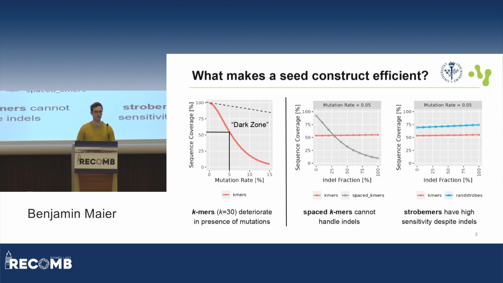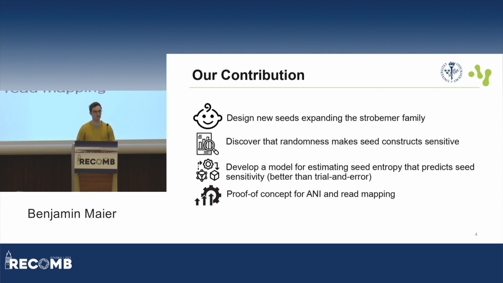And then my supervisor recently published a new method, strobemers, which shows a high sensitivity, a high coverage for all different mutation profiles. But it was unknown prior to our study what makes the seed construct efficient. So in our work, we designed new seeds, expanding the strobemer family.